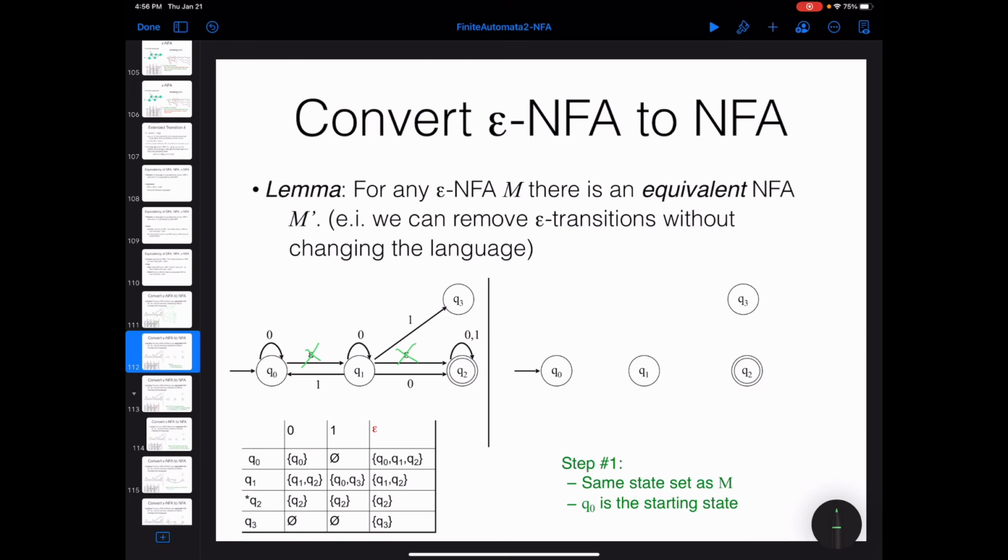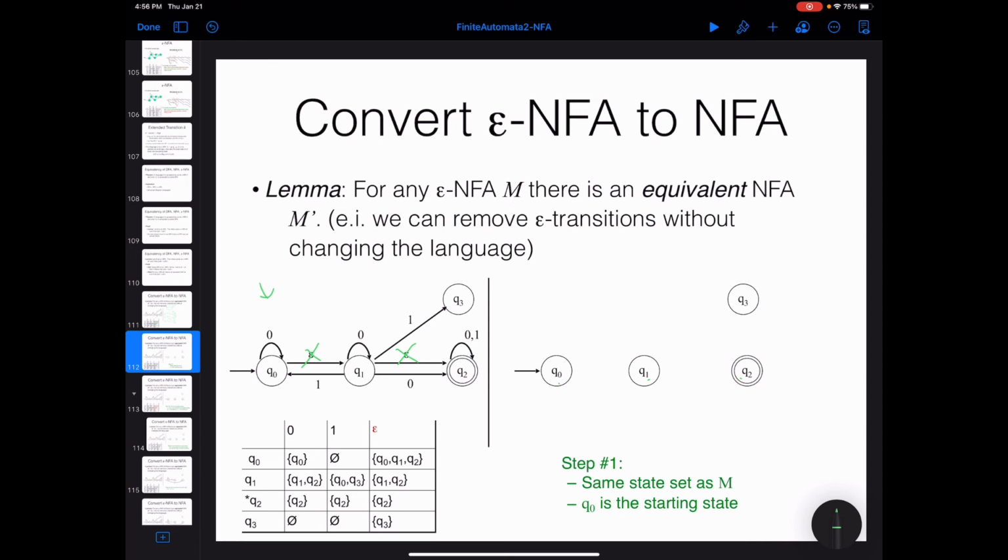In your equivalent NFA, all the states are going to be the same as you have in your original epsilon NFA. So I will have states Q0, Q1, Q2, and Q3. The starting state is going to be Q0.